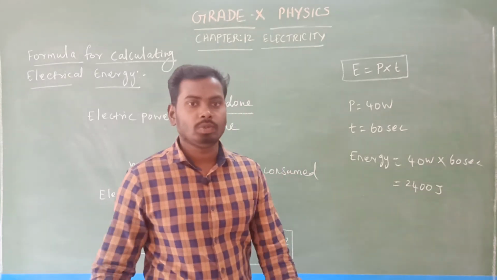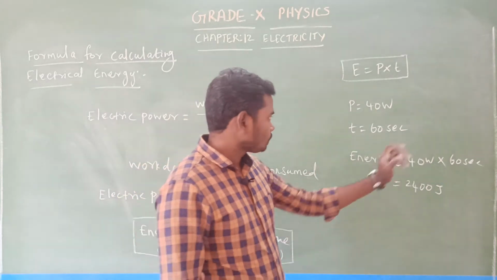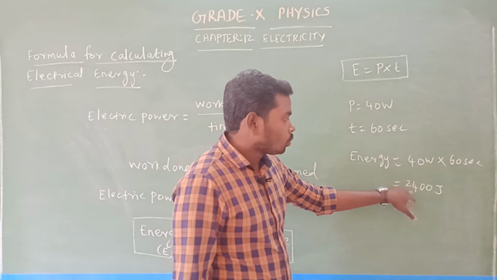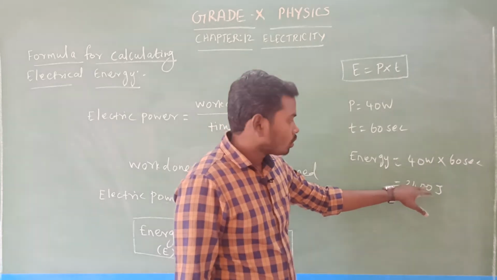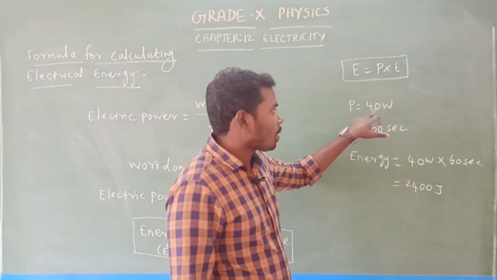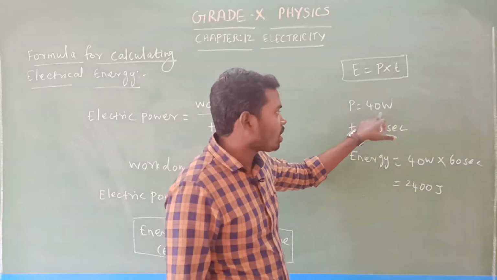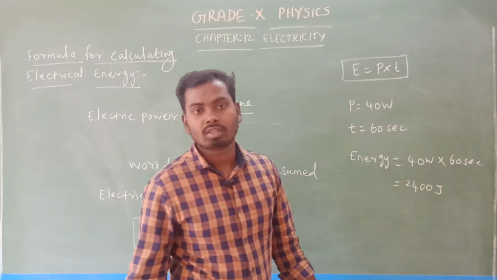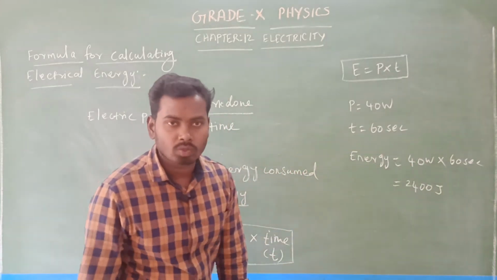That's also very easy. So 2400 joule is the amount of energy consumed by an electrical appliance with a power rating of 40 watt, used for 60 seconds.